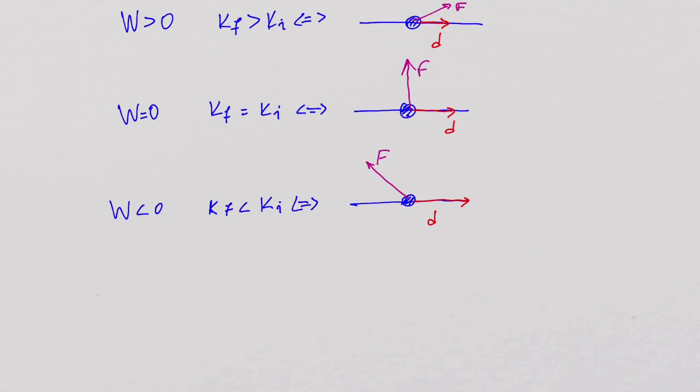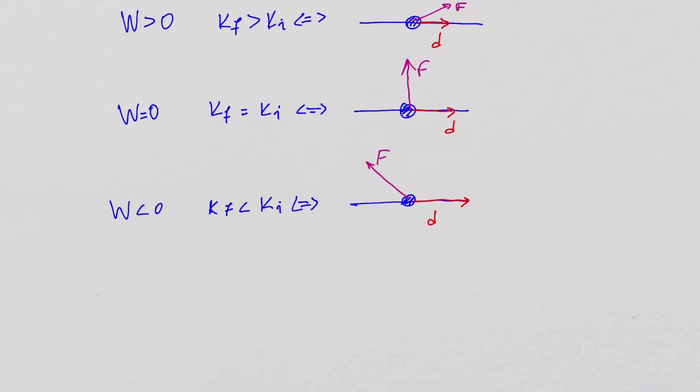Let's summarize that statement with the following examples. When the work is positive, that means that the applied force has a component that is in the same direction as the displacement. And so in this case, the final kinetic energy will be larger than the initial kinetic energy.